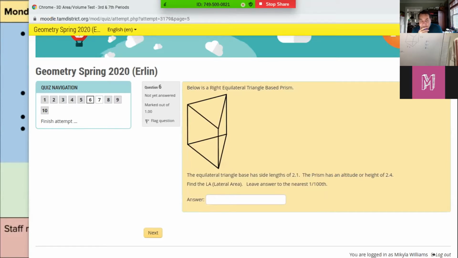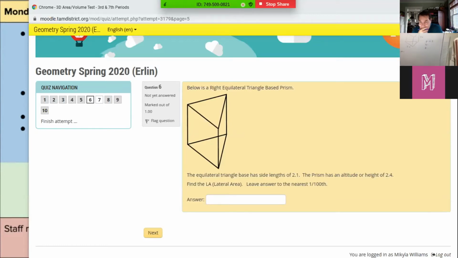Perimeter. Good. So it tells us what the base is here. It's an equilateral triangle with side length of 2.1. So what's the perimeter of that? It's this times 4. Are there 4 sides in an equilateral triangle or just 3? Oh, no, sorry, not 4. Yeah, 3. Times 3. So 2.1 times 3 is how much? 6.3. Yep. So that's your P.